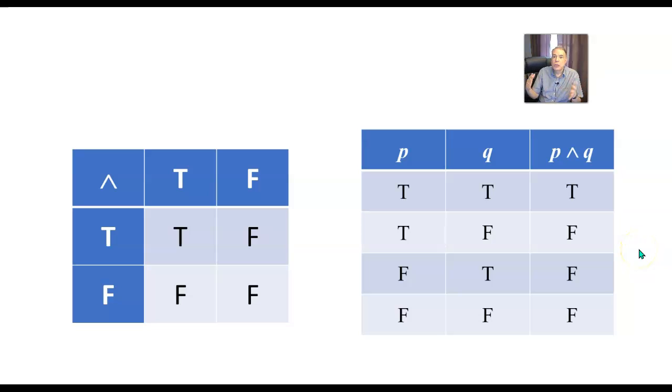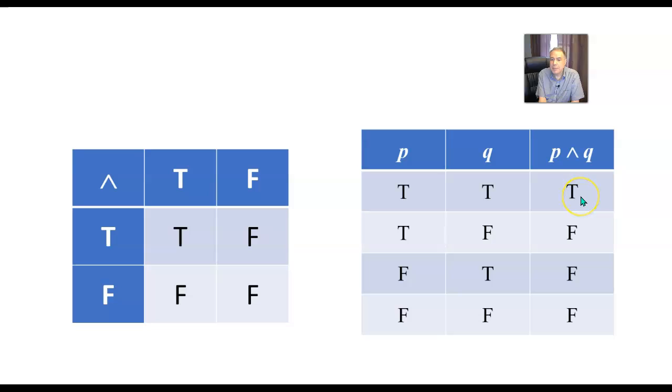That's it. So an expression like P and Q, to know whether that comes out to be true or false, you just need to know what happens when P and Q are both true, what happens when P is true and Q is false, what happens when P is false and Q is true, and what happens when they're both false.